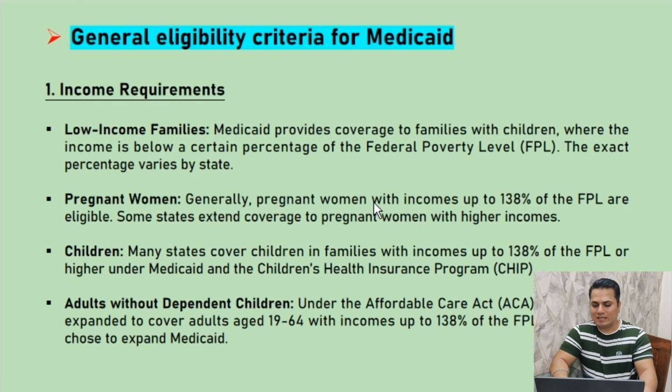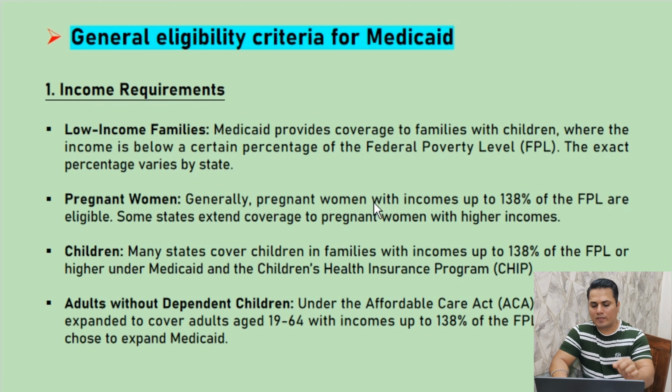Some states extend coverage to pregnant women with higher incomes. Children. Many states cover children in families with incomes up to 138% of the FPL or higher under Medicaid and the Children's Health Insurance Program, which is also called CHIP.